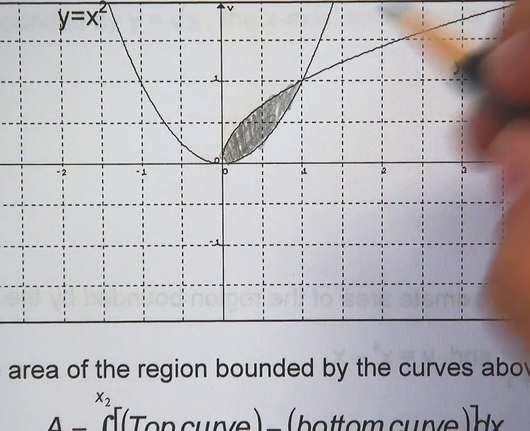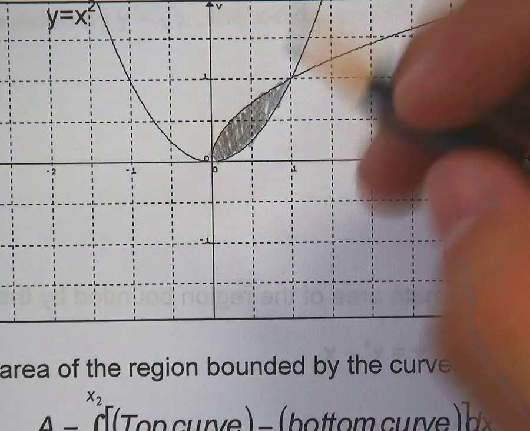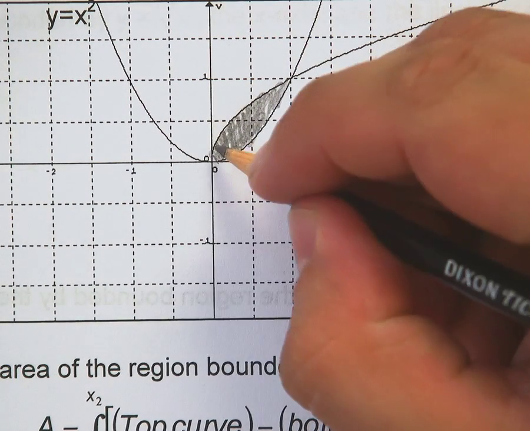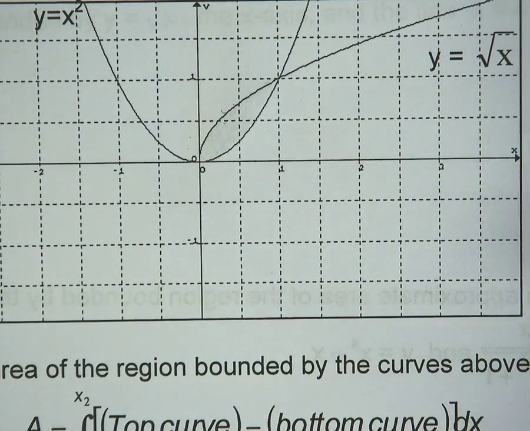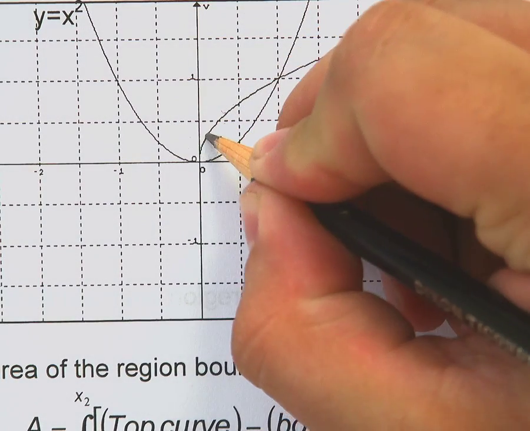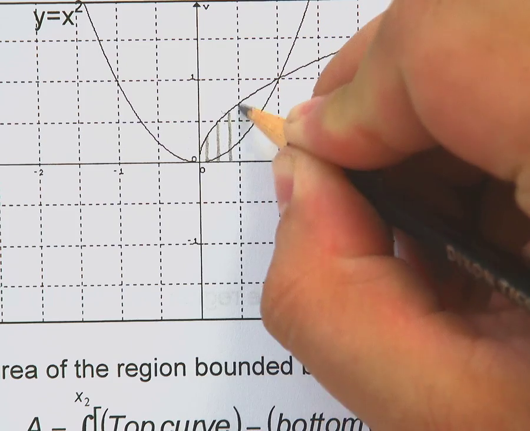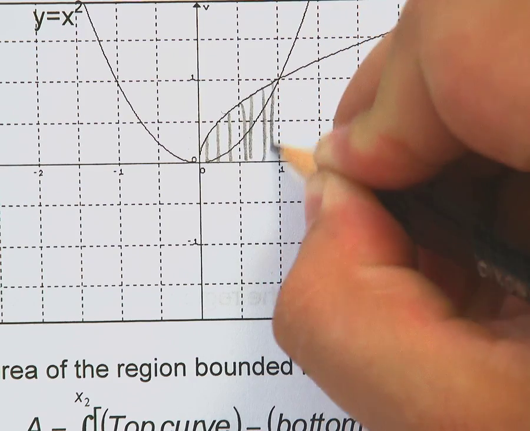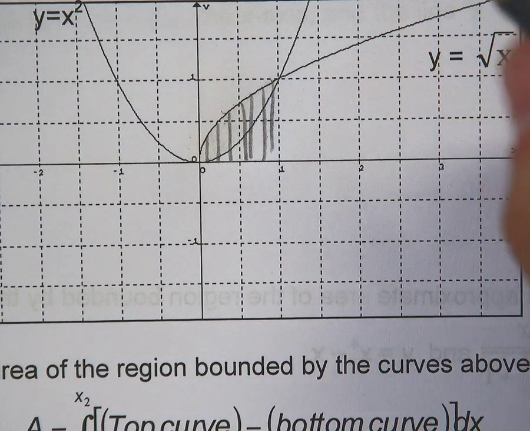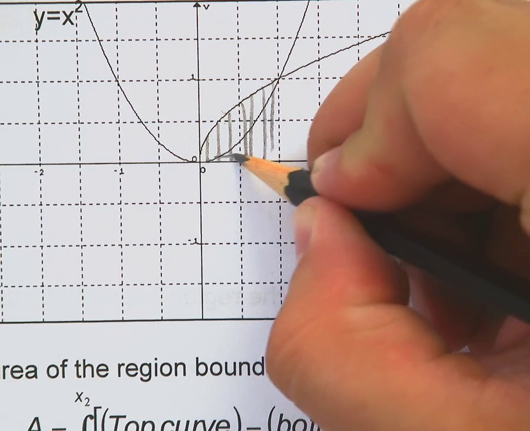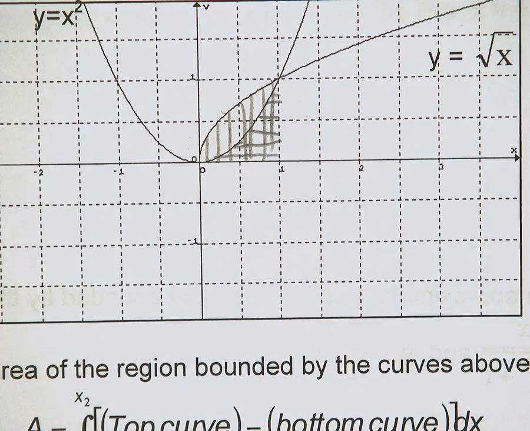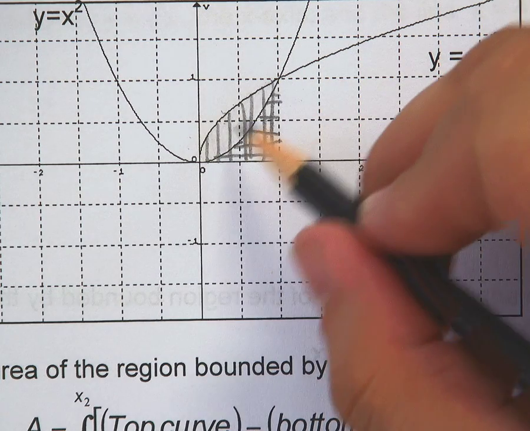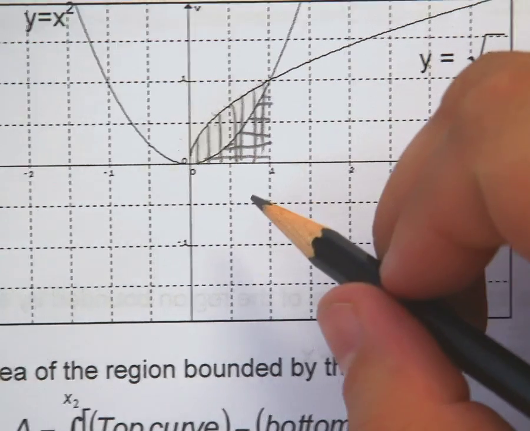I'm going to figure out the area of the curve that's on top, which is this guy, right? And I'm going to subtract out the area of the bottom, which is this guy. And you can kind of see that what that's going to leave me with is this little leaf-looking shape.